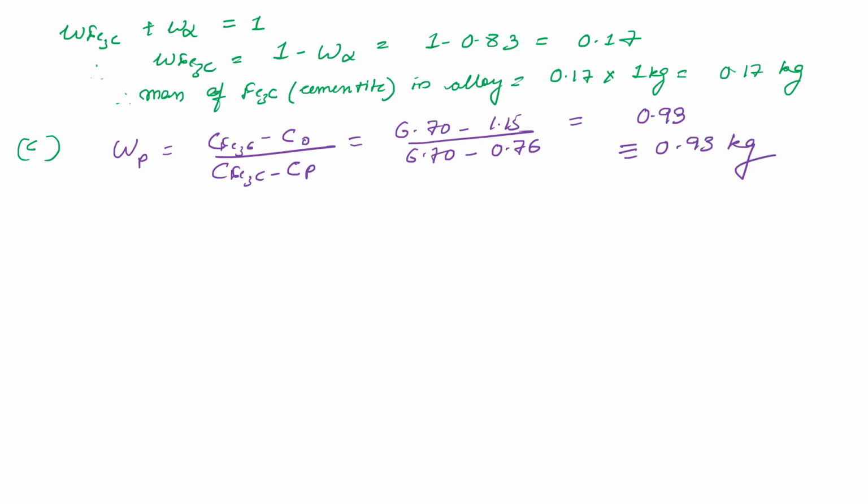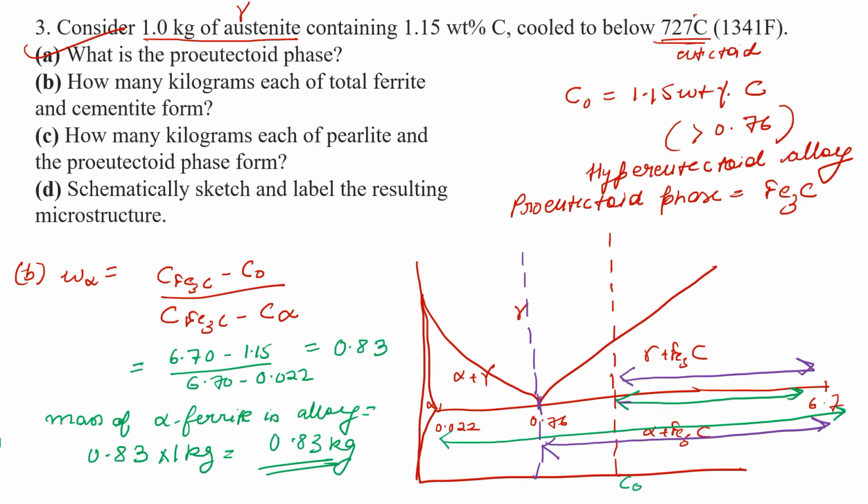Okay, correspondingly the weight fraction of the proeutectoid phase can be given by, so the proeutectoid phase here is Fe3C, and Fe3C is given by this region, right?